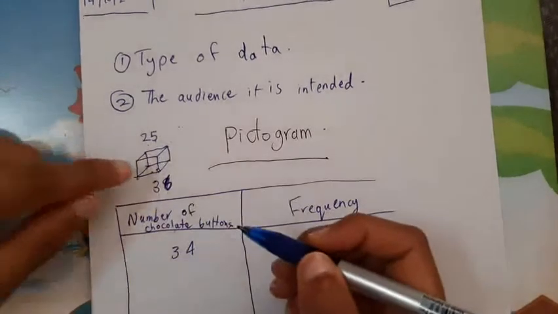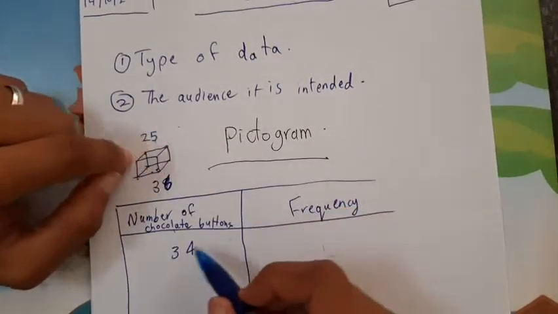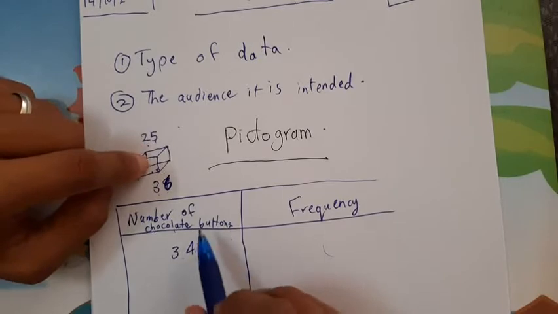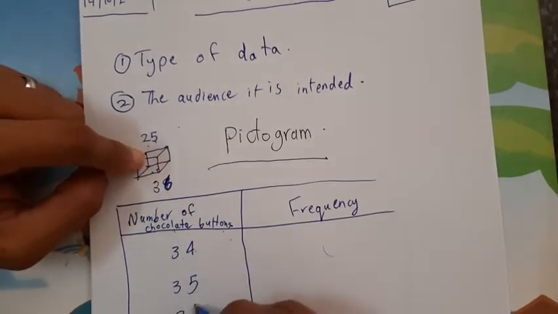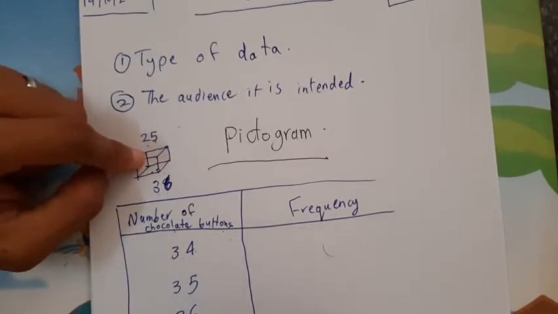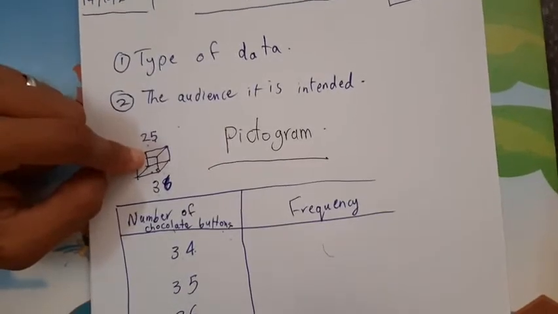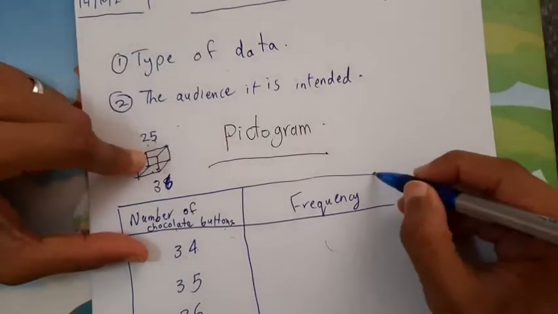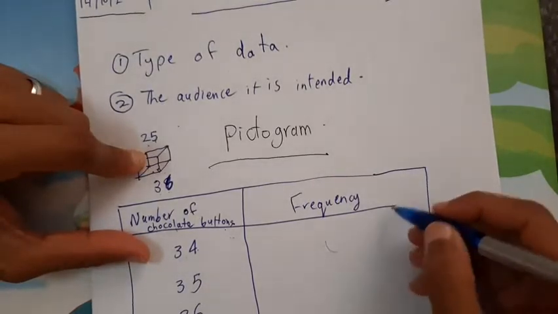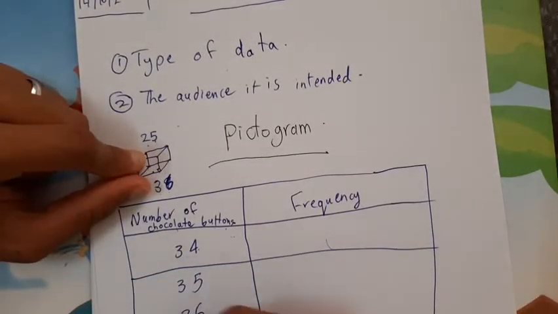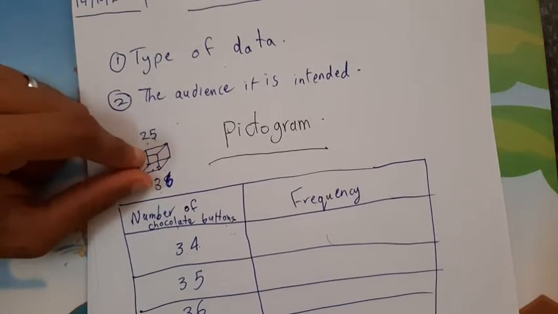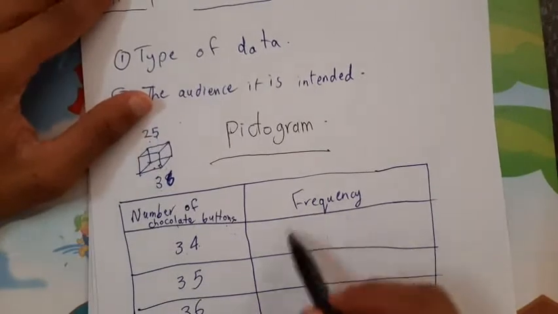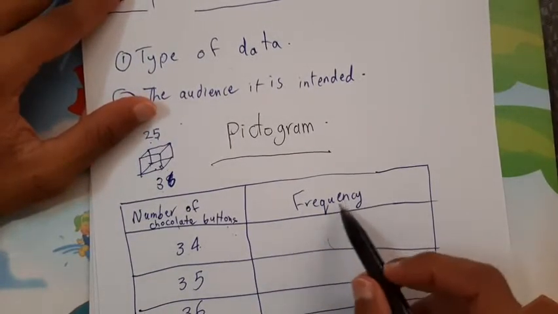We have 25 packets. Some of the packets had 34 chocolate buttons inside, some of them 35, some 36, some 37, some 38. Right? So this is called a pictogram. It's a table that uses circles to represent the frequency.